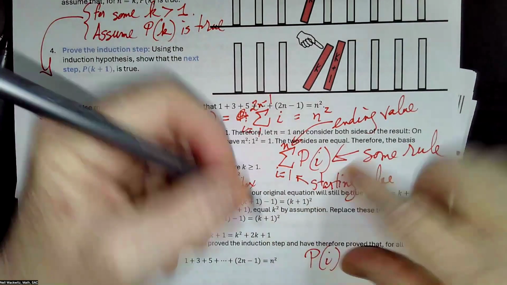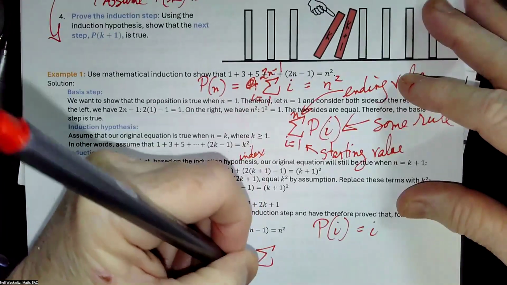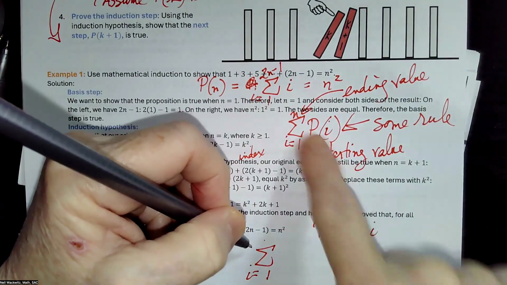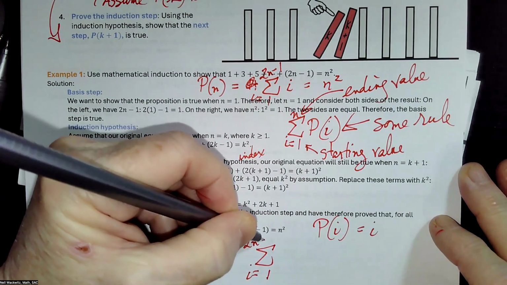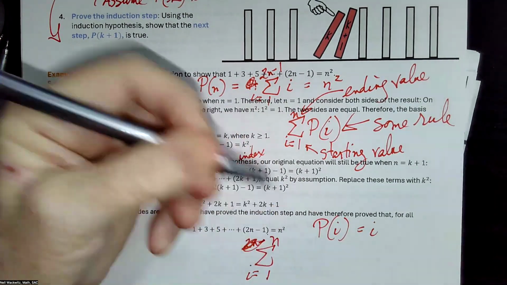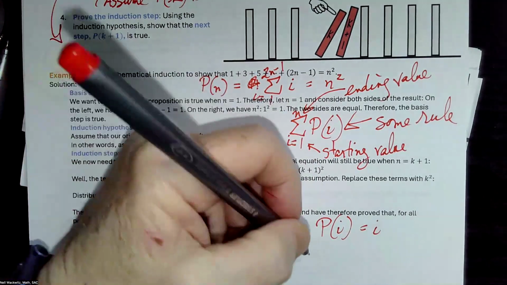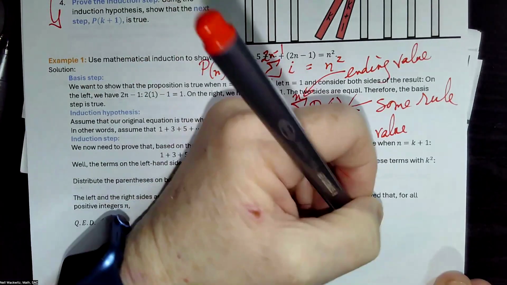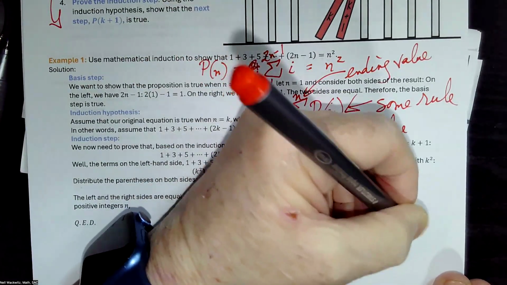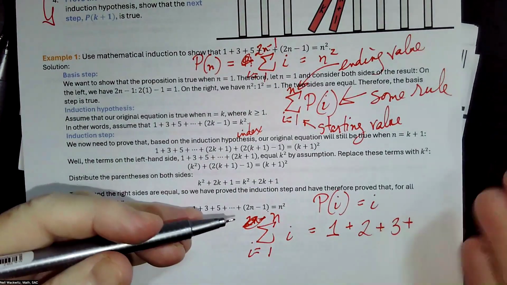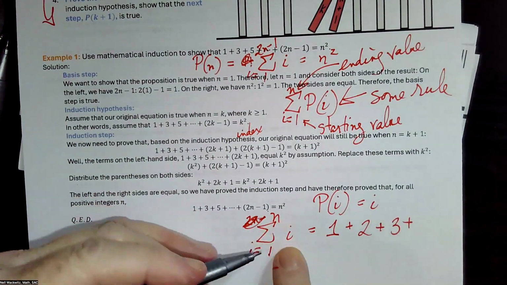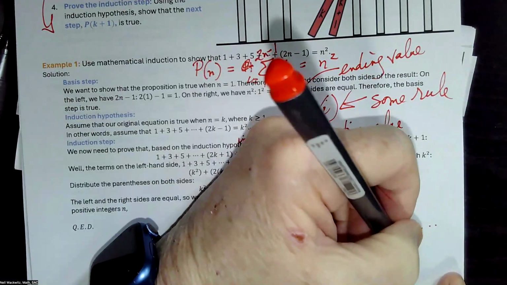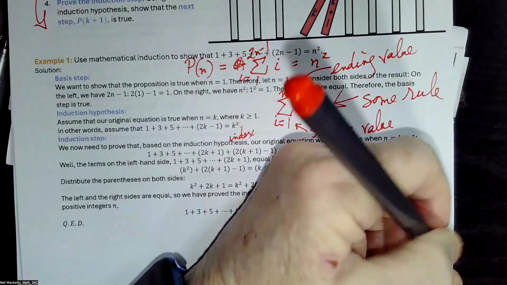So the sum as i runs from 1 to n of i is just 1 plus 2 plus 3 plus, we're going to add 1 and add 1 and add. We're just adding all of these numbers, plus dot, dot, dot, plus, and then we'll have n minus 1 plus n.